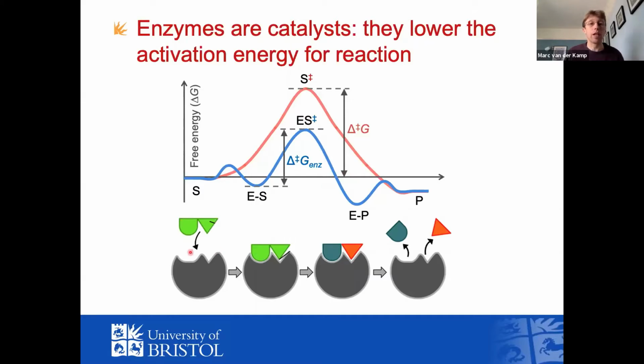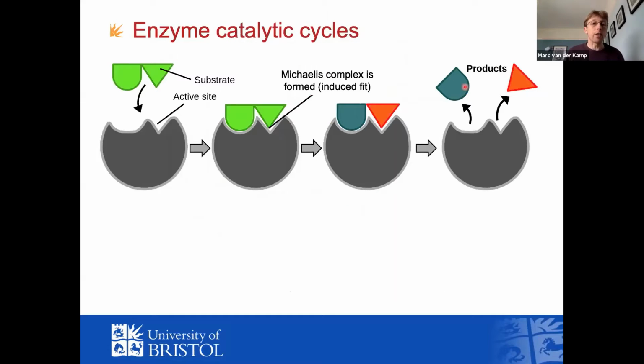You can see that an enzyme catalytic cycle, of course, has more processes. One point here is that we can, and I'm sure you know this as chemists, relate the enzyme barrier to the experimental rate, if we look at the free energy barrier at least. An enzyme catalytic cycle doesn't only have this chemical conversion step that we will be looking at today, but also the substrate binding and the product release.